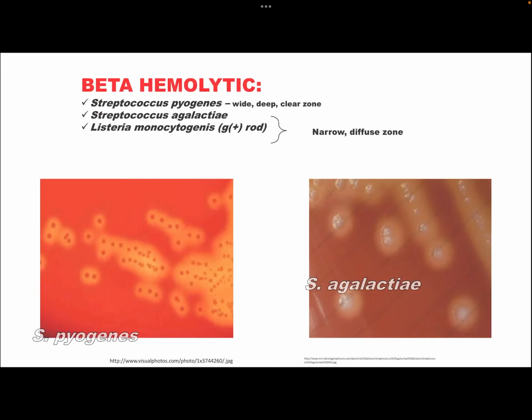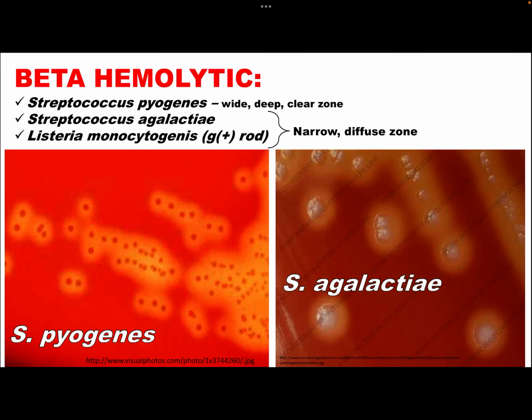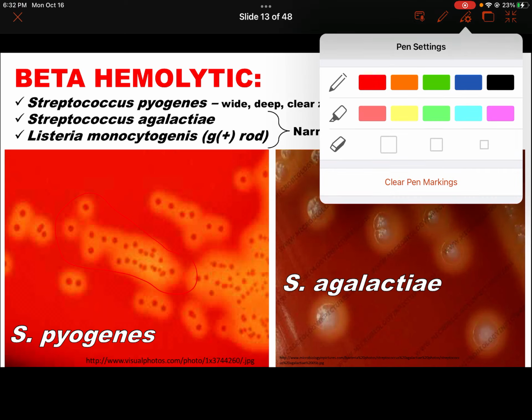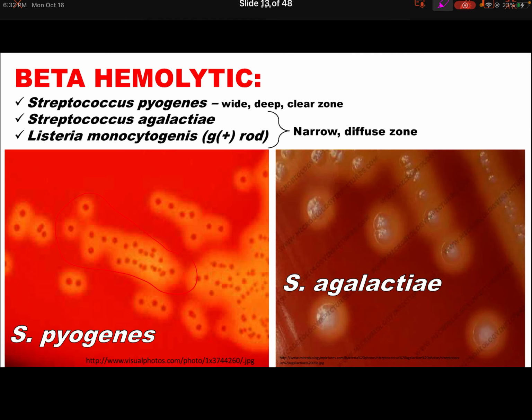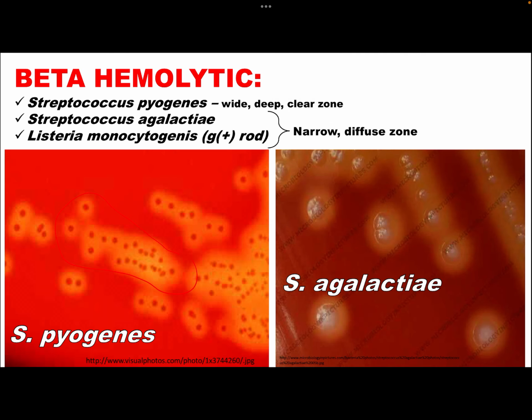How about beta hemolytic streptococci? When you say beta hemolysis, it's a complete hemolysis. There is clearing around the colonies, just like what you can observe here. So for beta hemolytic streptococci, you have examples, Streptococcus pyogenes and Streptococcus agalactiae.